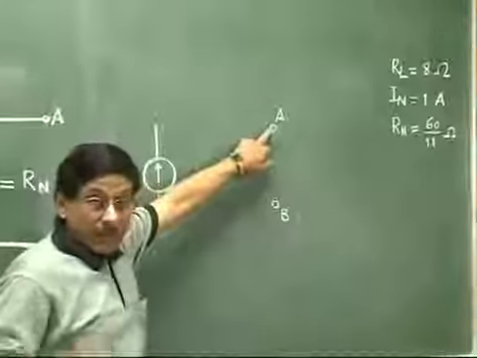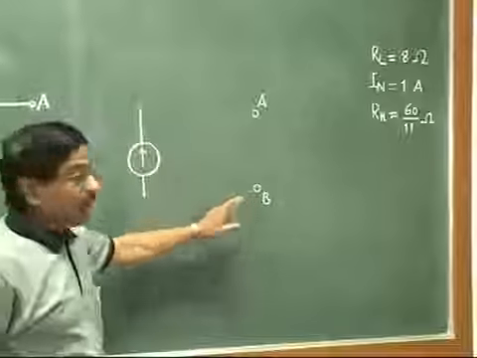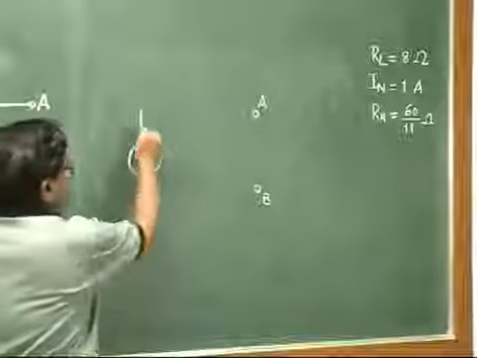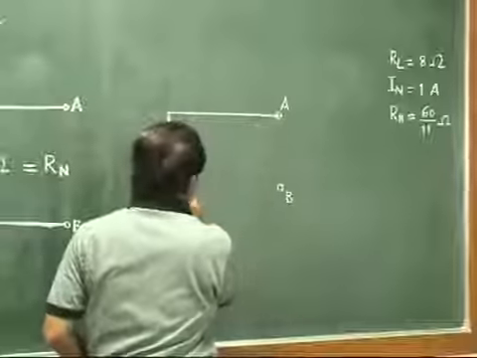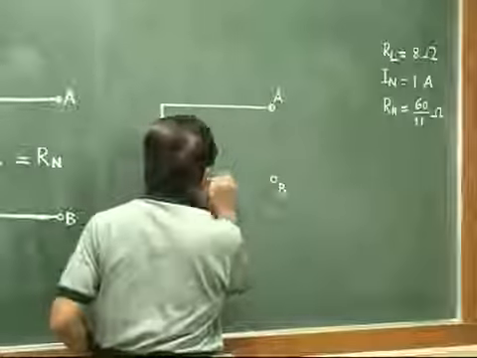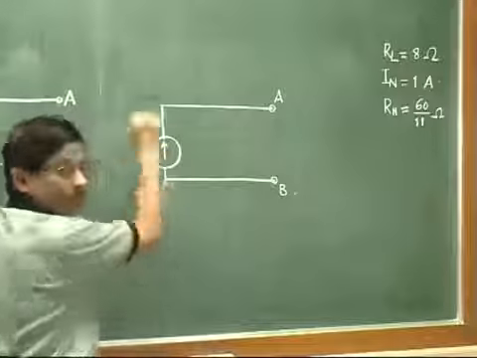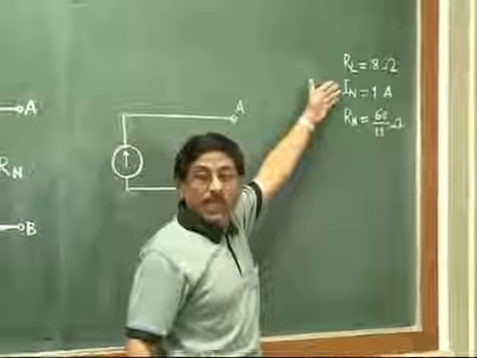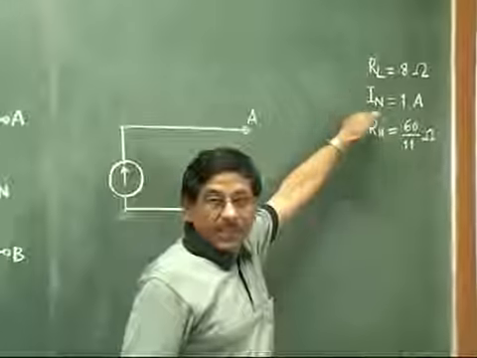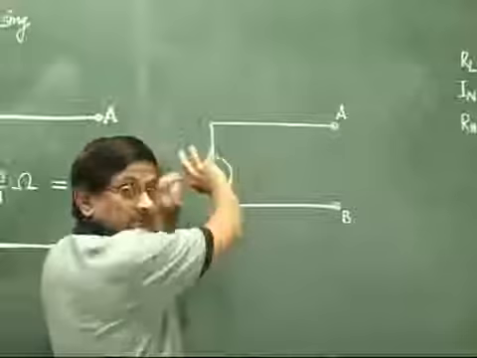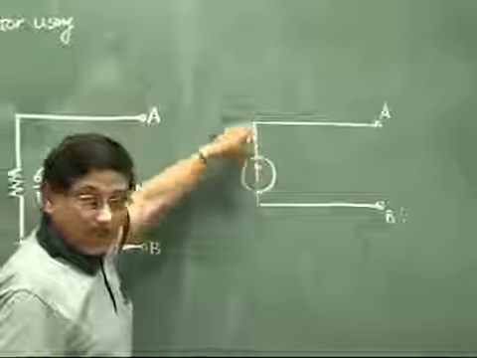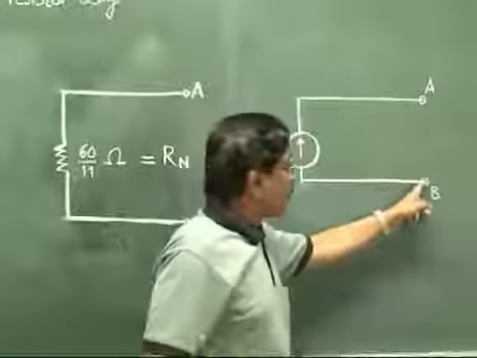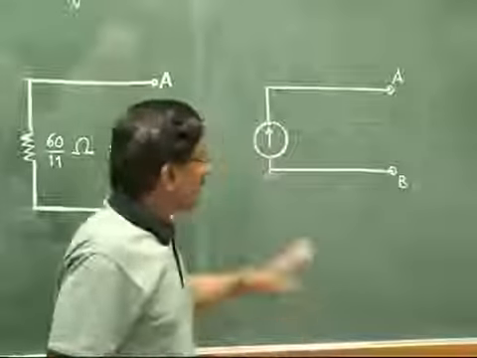Now our point A we have shown here, B we have shown here. So if we connect it in this fashion, then only the current will be flowing from A to B. Otherwise, suppose if you would have got this answer as negative, that means you would have connected the source in opposite polarity, this arrow downwards, so that the current would have flown from B to A. Okay, that is the thing.